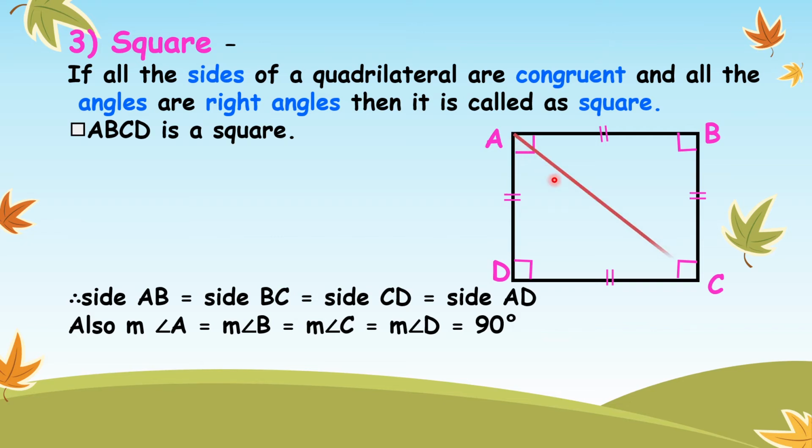So the diagonal AC is perpendicular to the diagonal BD at point T, that means at point T, angle ATB is equal to 90 degrees. This point T divides the diagonal AC into equal parts, AT is equal to TC, and diagonal BD into two equal parts, DT is equal to BT.